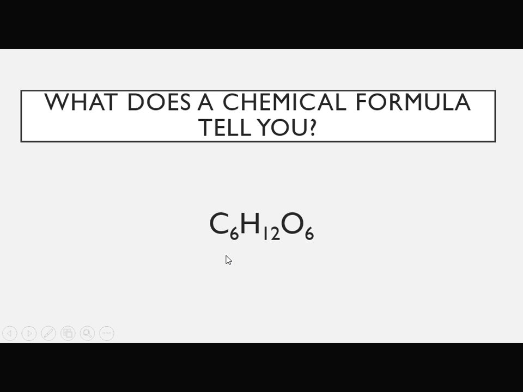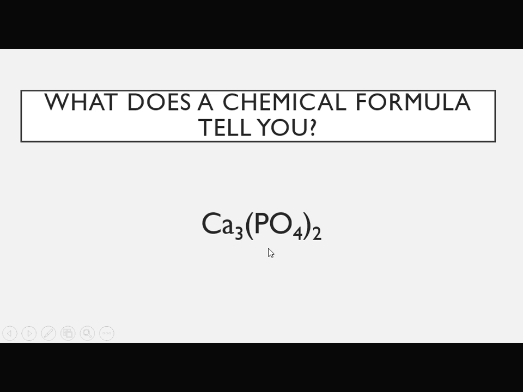You don't know? Well, you watched the video last night, didn't you? Yeah, I forget. Well, what's that? There are 6 carbons. What else? There are 12 hydrogen. There are 6 oxygen. All right? So this tells us the number of each element that is involved there.